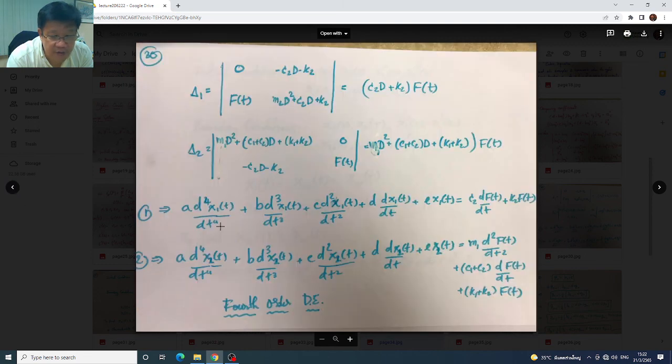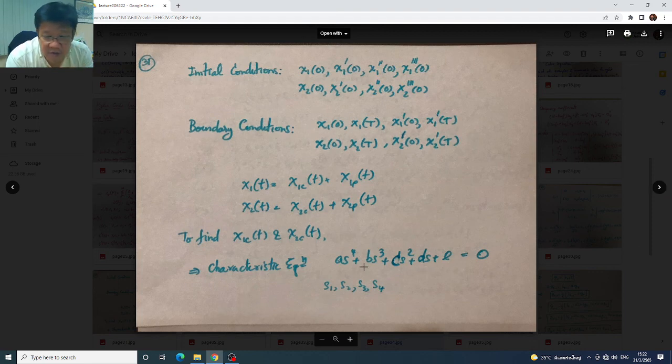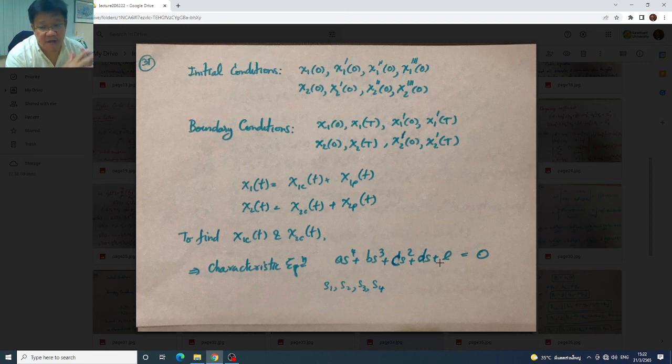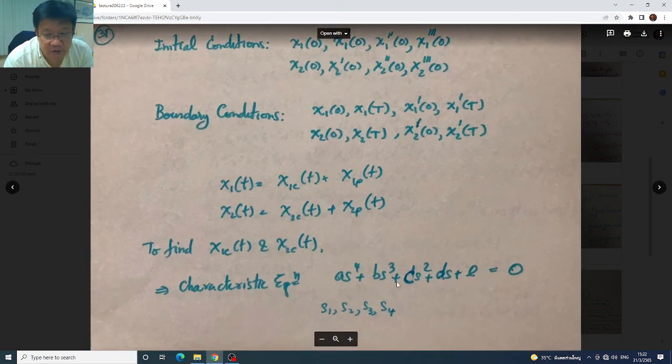Because you just replace each d by dt with s, with the power being the order of the derivative. So you end up with what we call the quartic equation, and you need to solve for its roots.